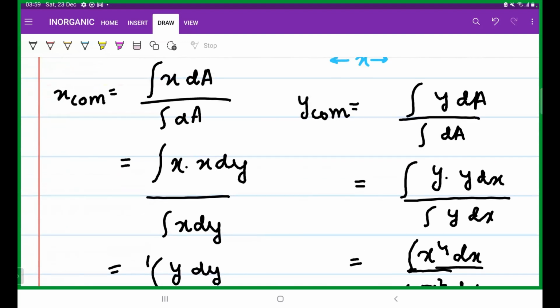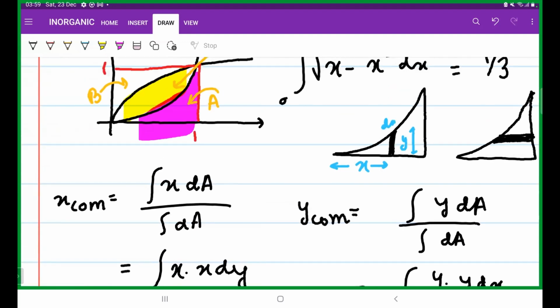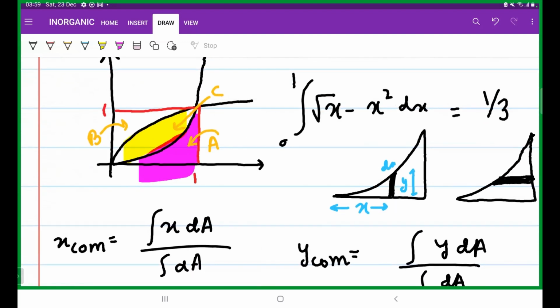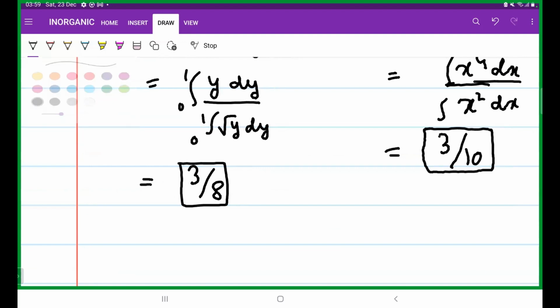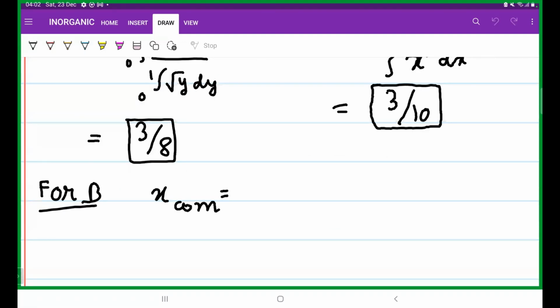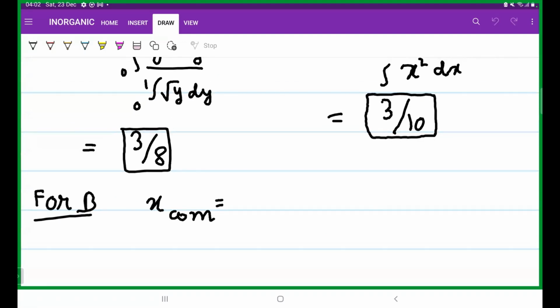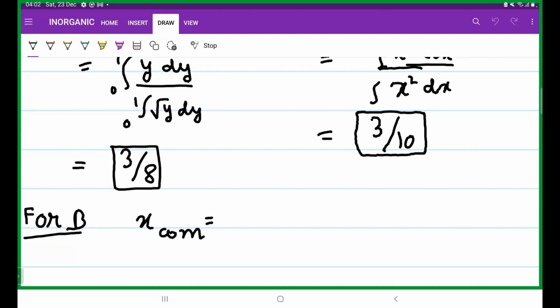I hope you have understood this. Now, if you apply common sense, or if you just visualize this diagram, you will realize that for block B, you don't even need to integrate in order to find the center of mass. You don't even need to integrate. So for B, the center of mass of X will be 1 minus 3 by 8, which is equal to 5 by 8. You know why?